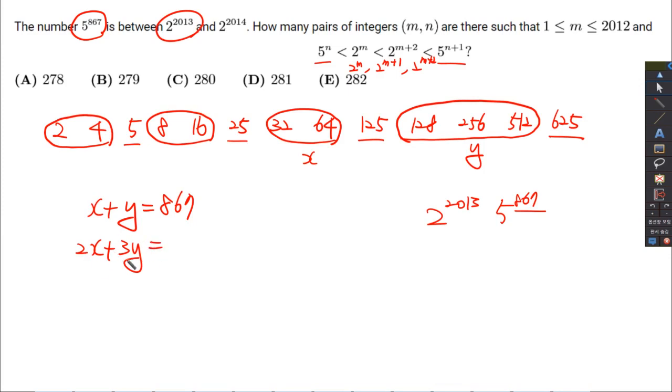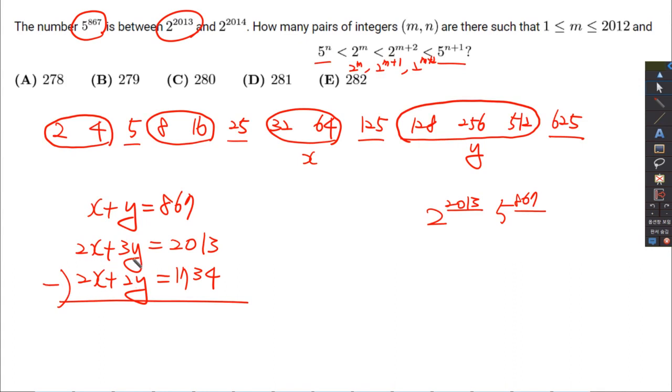And the sum of this is 2013. So if we multiply 2 to the first equation, and then subtract the second and third equation, what's the value of y?